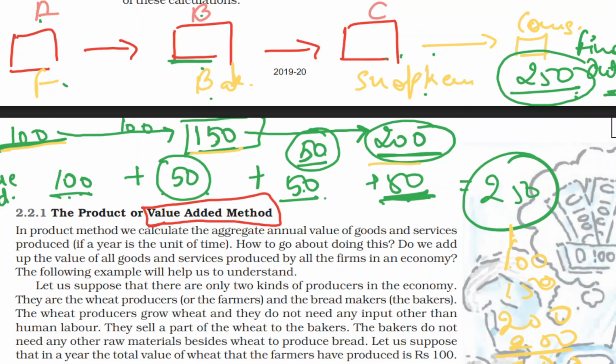Total 700 national income is there, but actually the national income is only 250 rupees. Now it creates confusion and it gives us misleading results if we do this at every step. There are two ways to calculate, either use the final output or use only the value which has been added at each step.